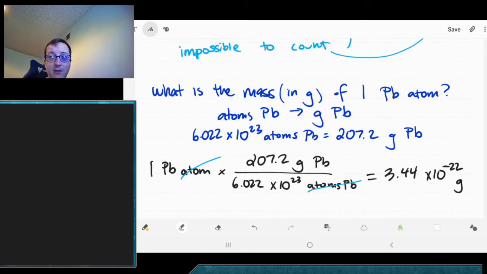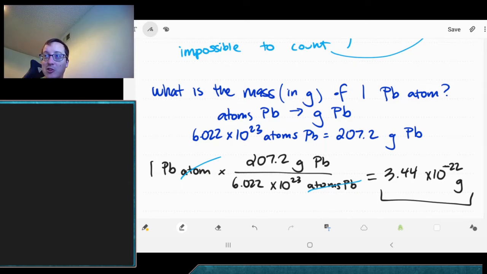So that's not even close to micrograms, not even nanograms, picograms. We're still a tiny fraction here. So this number here is impossible for us to verify. We can't just take one lead atom because we can't count one lead atom out. And so measuring that mass is impossible, but there you go.